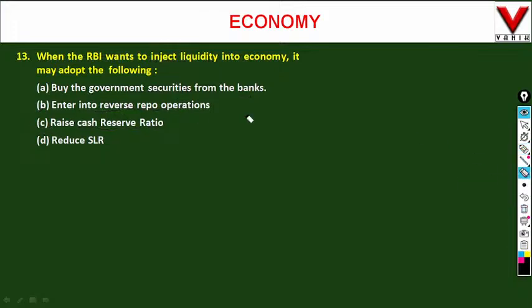First, raising cash reserve ratio. As I said, if you are raising CRR, the liquidity will decrease. So this is wrong. Buying back government securities from banks. This is a bit tricky.